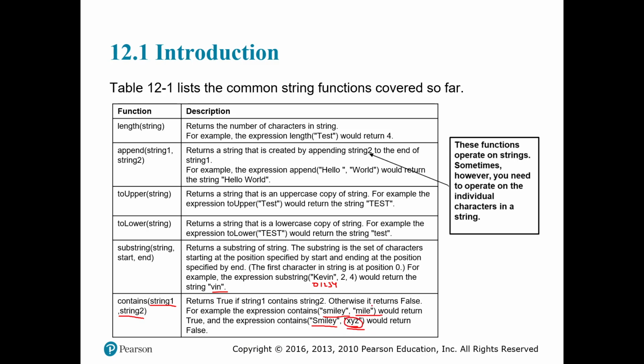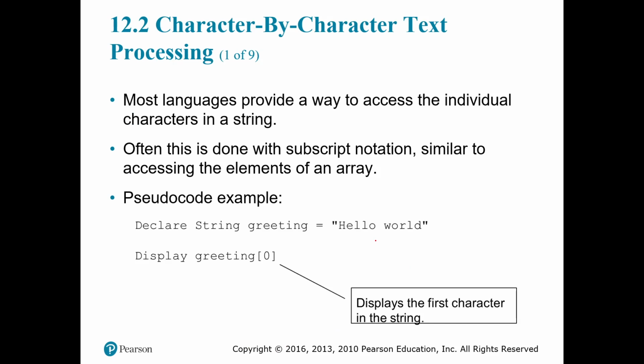Most languages will provide you a way to access individual characters in your string. Often this is done with subscript notation, the same way you would access an element of an array or a list in Python. As you can see here in the pseudocode, we're declaring a string called greeting, which is "hello world", and then we want to display the first element of greeting.